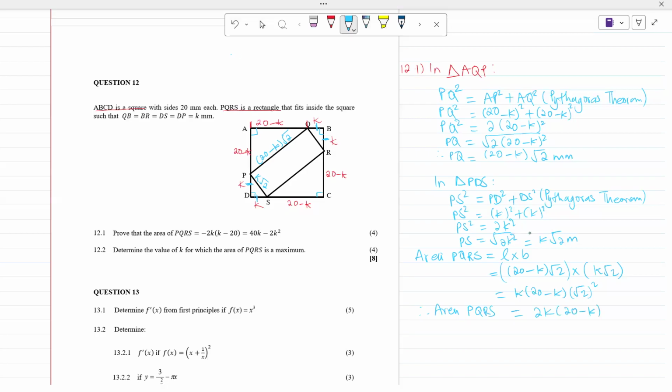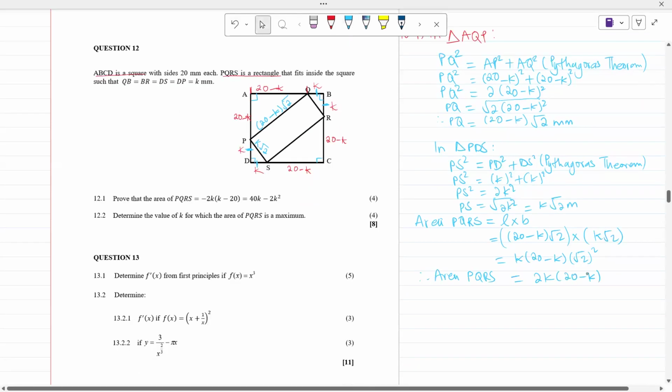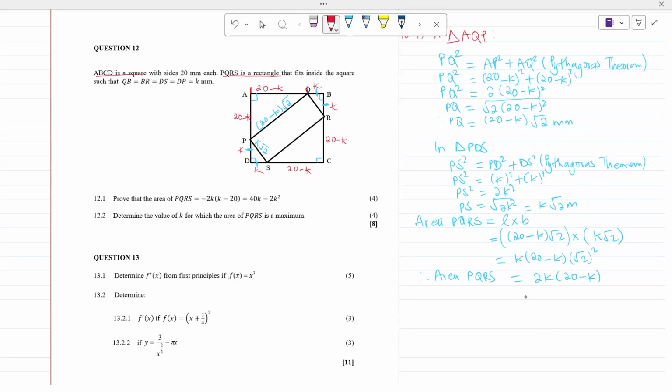If I factorize the negative in this bracket, I'm going to get negative 2K, then this becomes K minus 20, which is exactly what I had to show there. Then I can multiply out if I want to. This will give me 40K minus 2K squared, which is what they asked me to show.